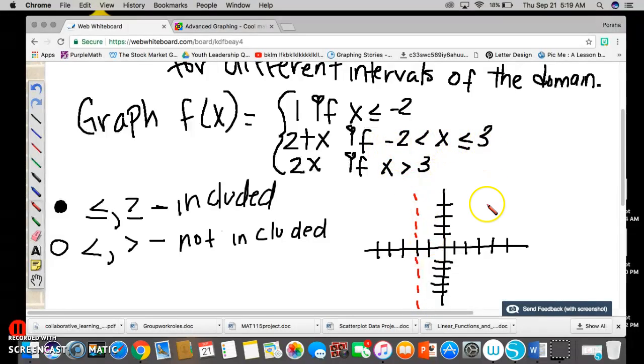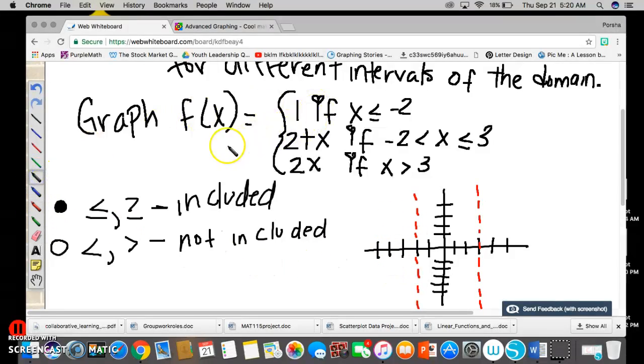Then we have 3. Alright, so now we have the interval really between -2 and 3, because that's basically what all 3 pieces consist of.